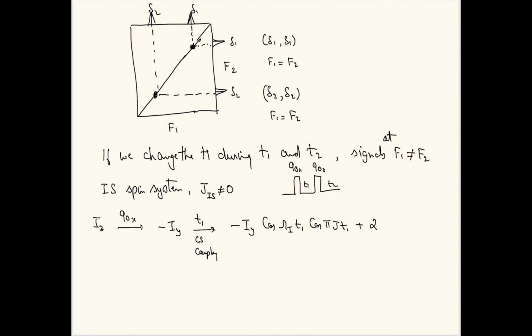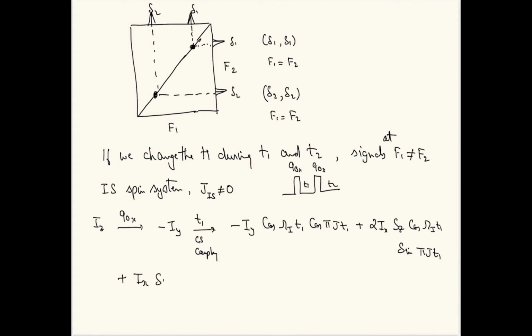And plus 2IxSz cos omega I t1 sine pi J t1. Okay, and you will also have two more terms, right?